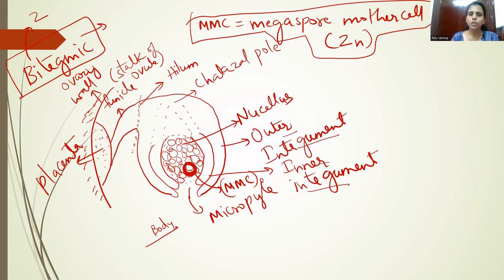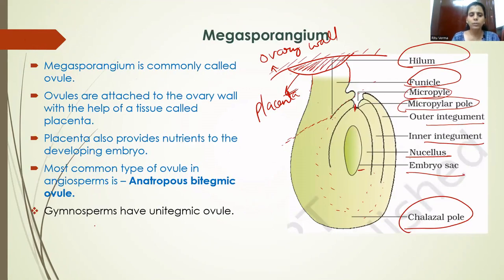So in angiosperms we have ovule which is anatropous and bitegmic. In all the gymnosperms, as given in the previous slide, we have unitegmic ovule. Uni means one and tegmic means integument. That means the ovules of gymnosperms have only one integument around them.